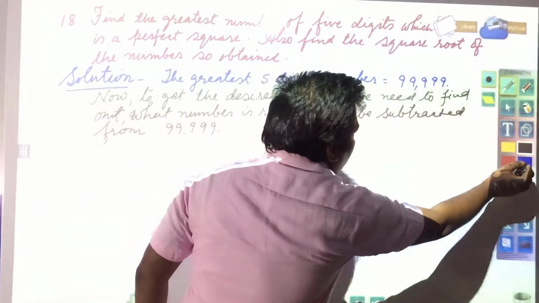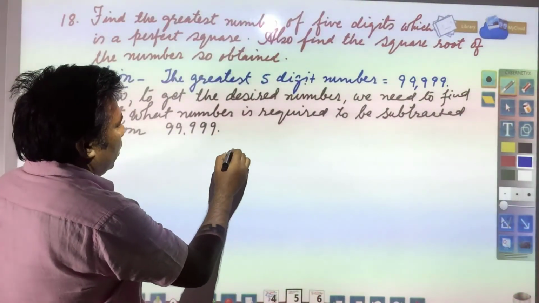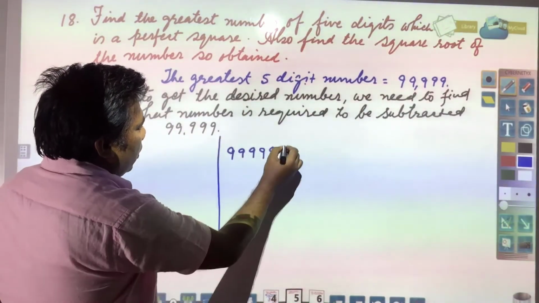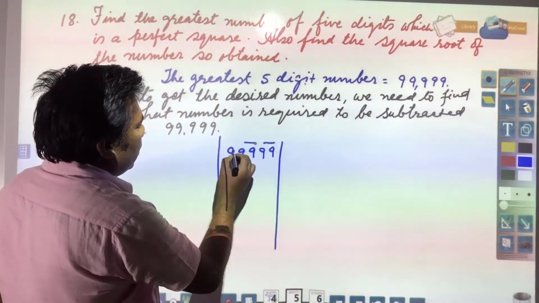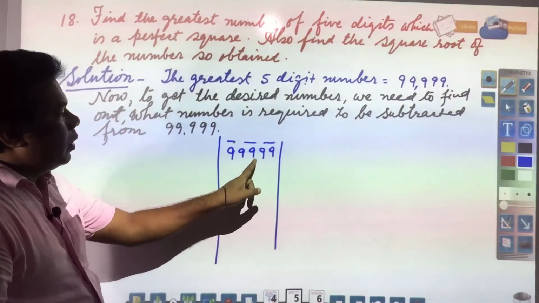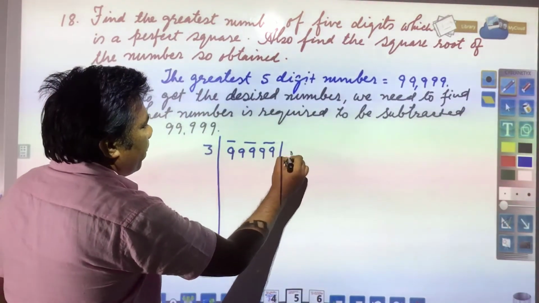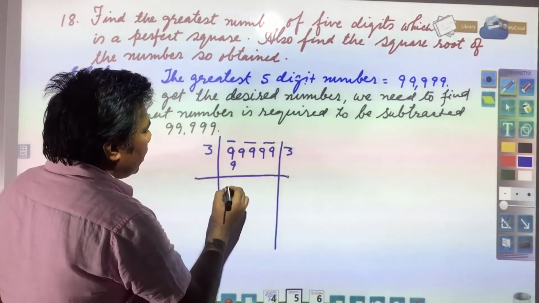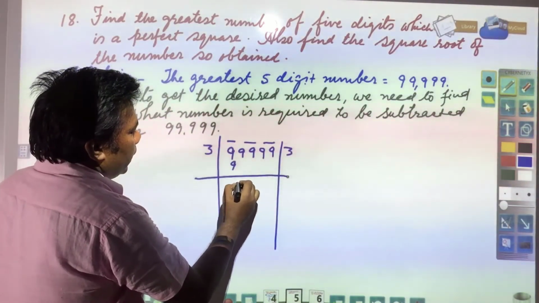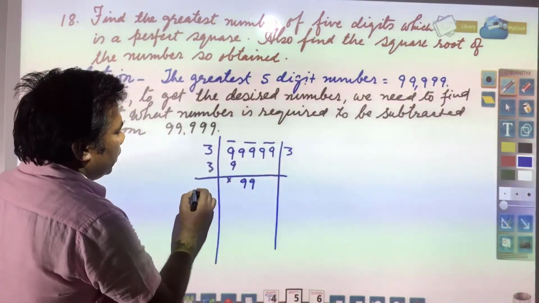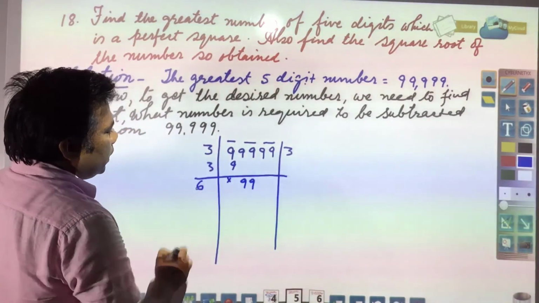So let us see how we will do. Pairs are required to be made. 3 periods you have, this single digit, 3 3s are 9, 0, 99 will be taken down, and this is 3, this became 6.